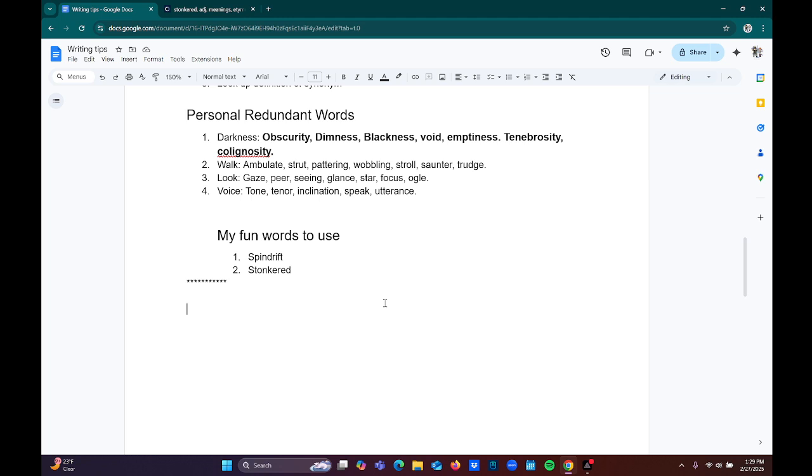What kind of scene do we want? Let's say he enters through the tenebrosity. He patters through the tenebrosity as his... Oh, I didn't mean to say star.